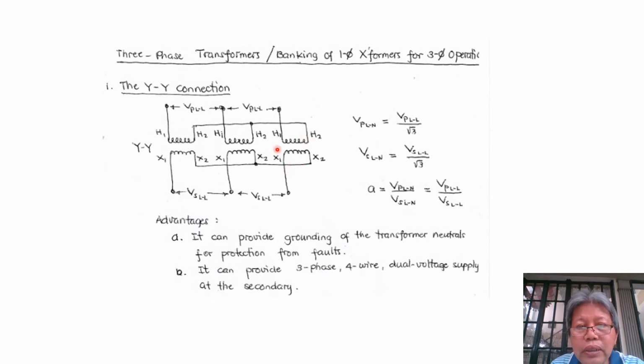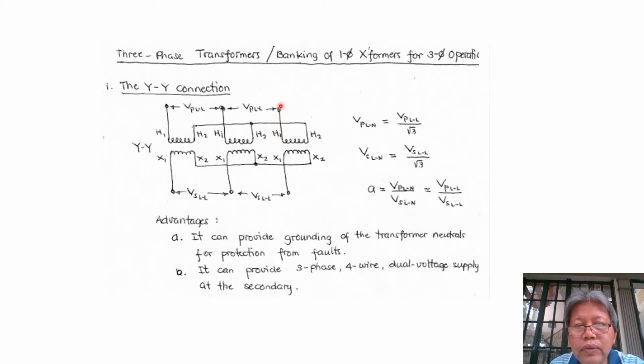Now to connect the primary winding in Y, we have to connect the two ends of the windings together. So we have here a common connection, and then the supply lines will be going to H1.